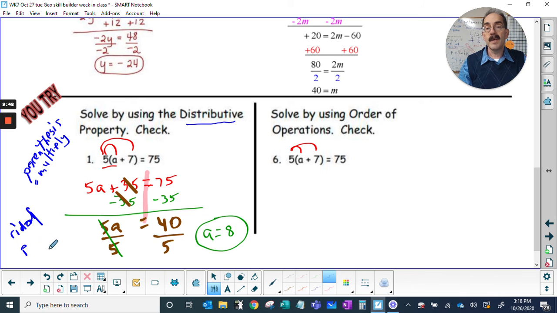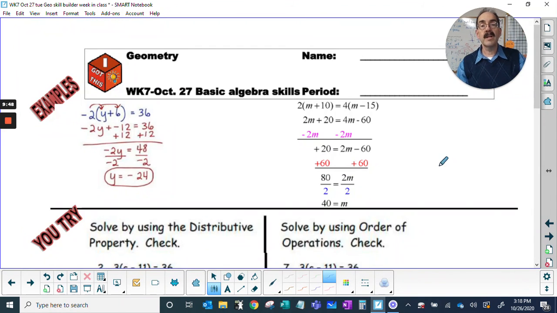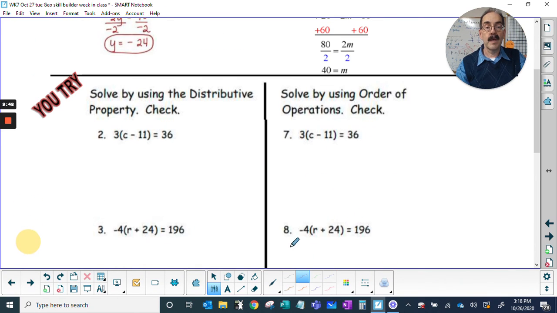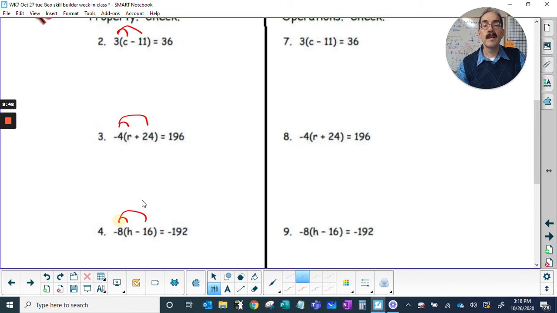We have to multiply through. And now the next page that we worked on in class is this whole idea of the distributive property. Multiply, multiply, multiply. So you try those.